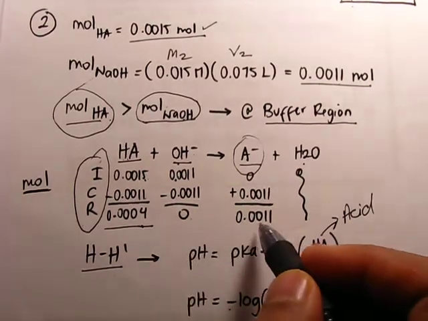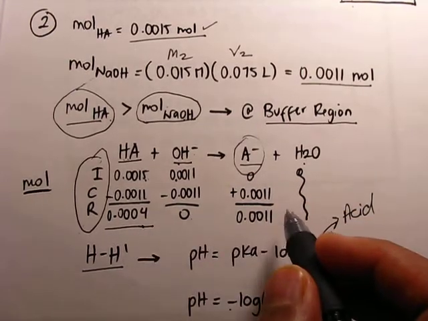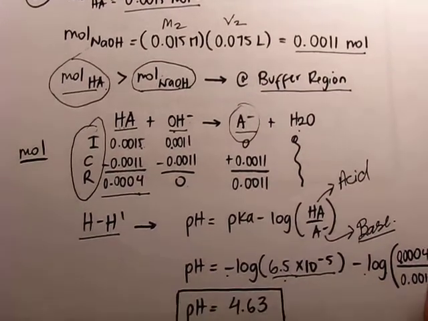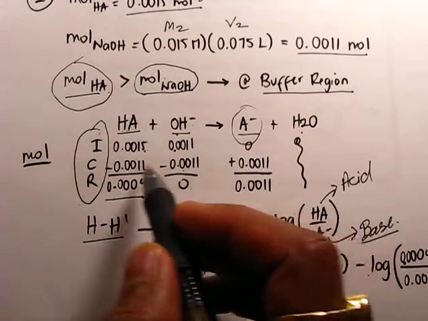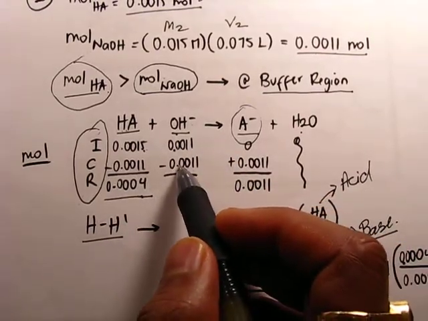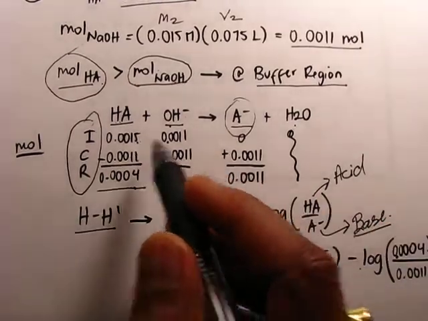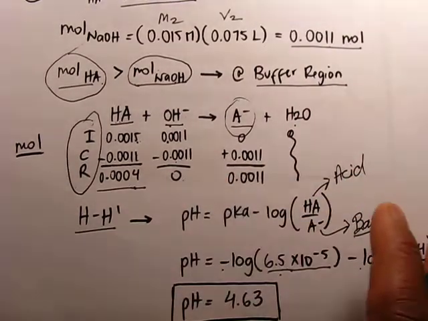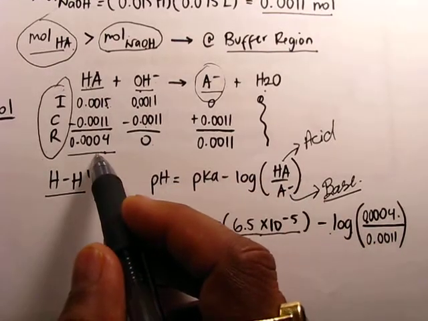The amount of anion formed is exactly the same, because of the 1-to-1 stoichiometric ratio.